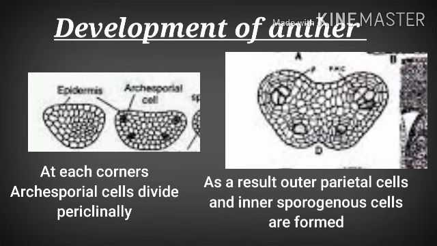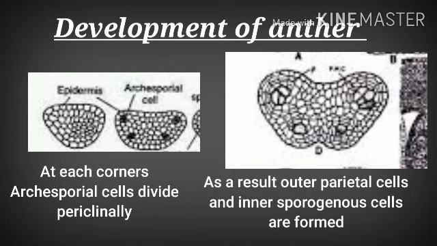The outer formed cells are called parietal cells, and the cells which are formed to the inside are called sporogenous cells. Likewise, rows of cells will be formed. They are differentiated as outer parietal cells and inner sporogenous cells.